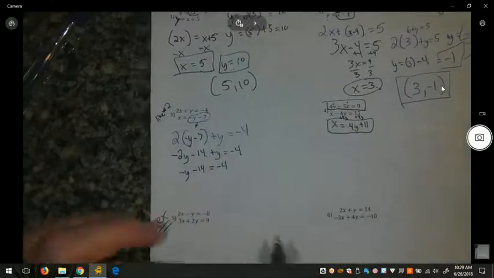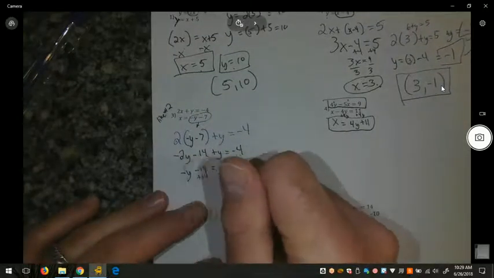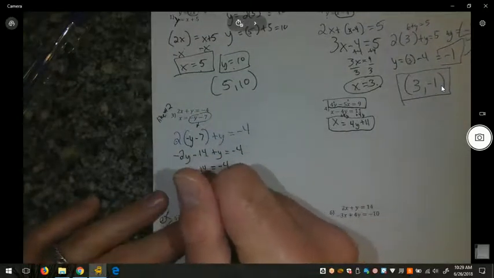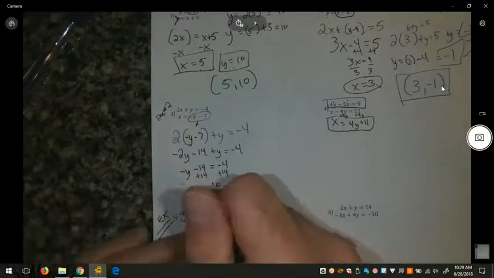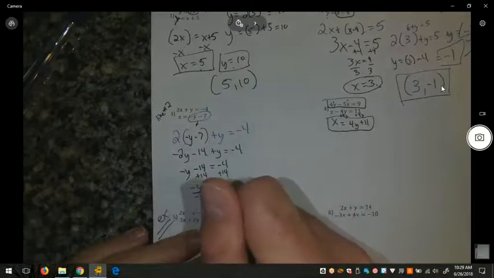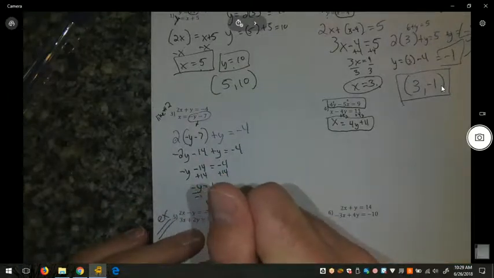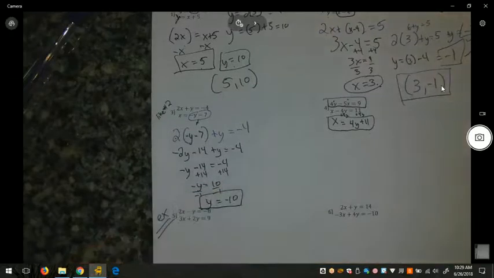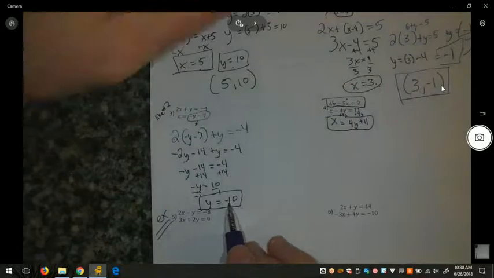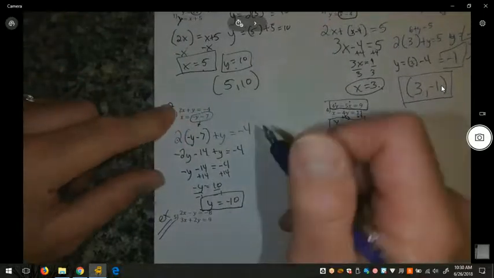To solve for y, I first add 14, so the opposite of y equals 10. And then I divide by -1 or multiply by -1 to both sides. Y equals -10. You should have gotten the value of y to be -10. I will now take this and plug it into both the top and bottom equations.